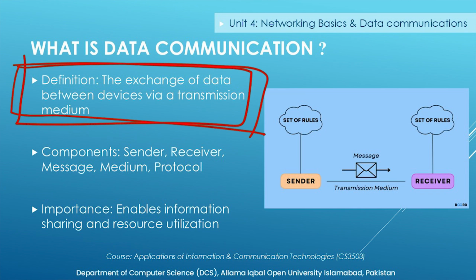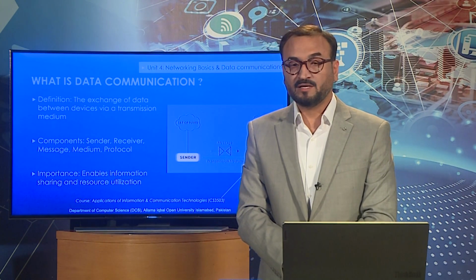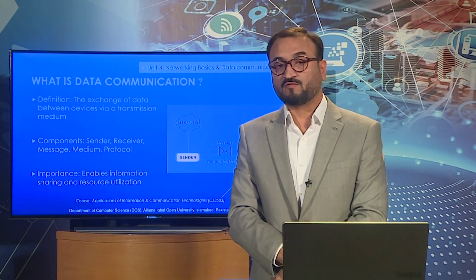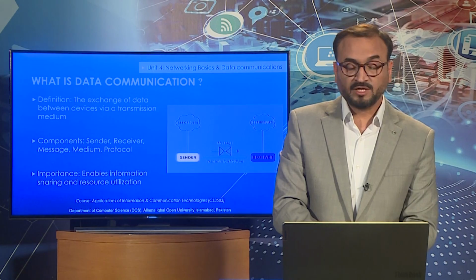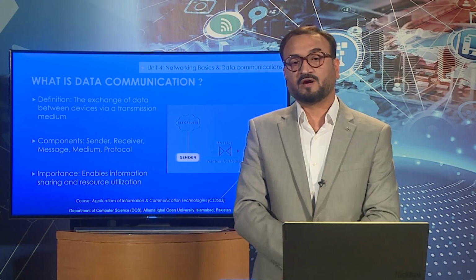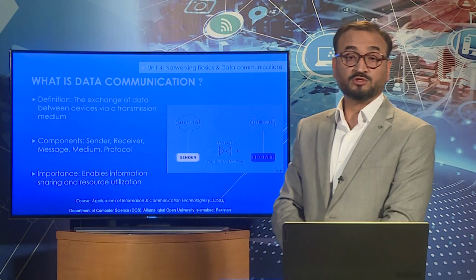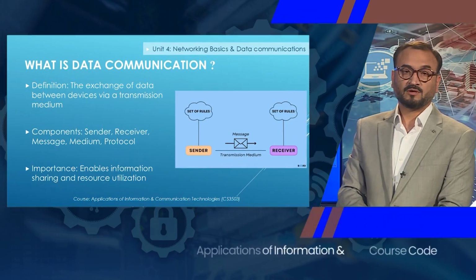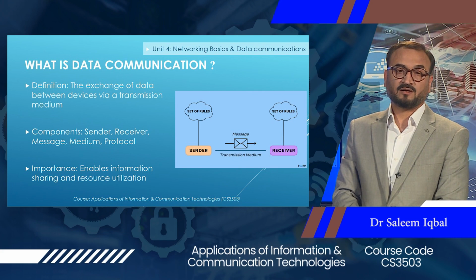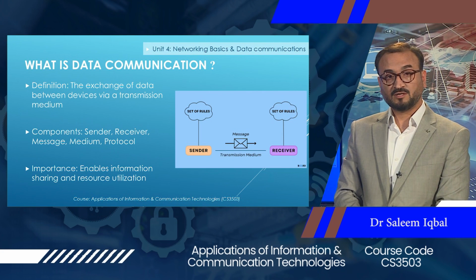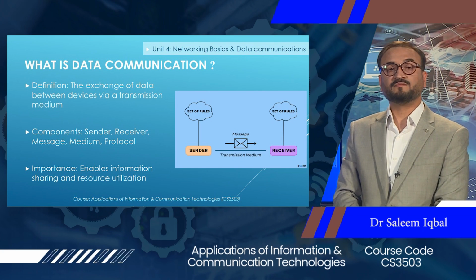The proper definition of data communication is the exchange of data between devices via some transmission medium. The medium could be wired or wireless, as we use in our daily life. Now the question is, what kind of data are we exchanging? From the user's perspective, a human being can understand data in the form of text, images, audio, or video.